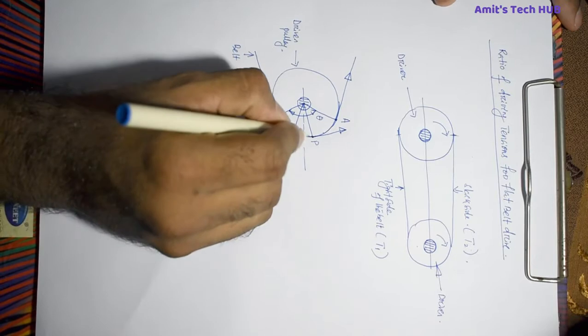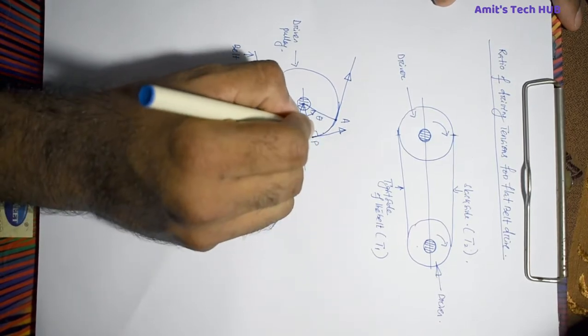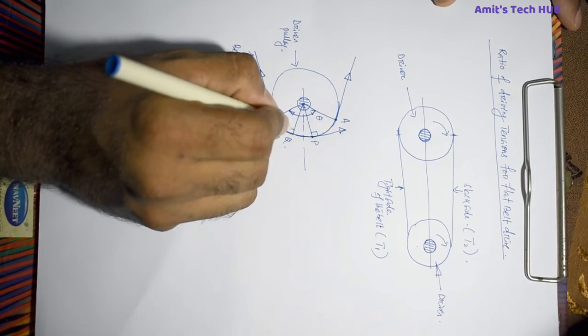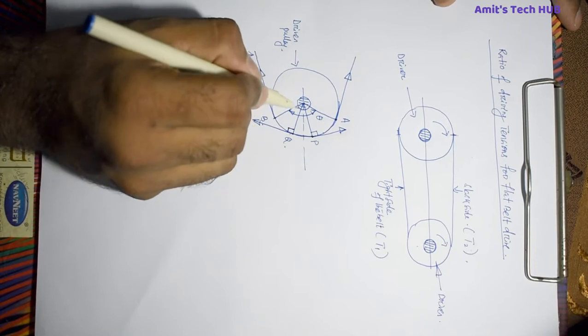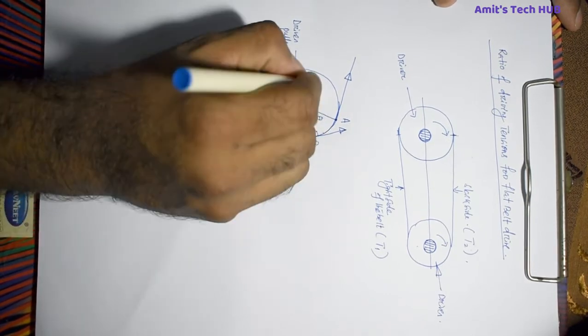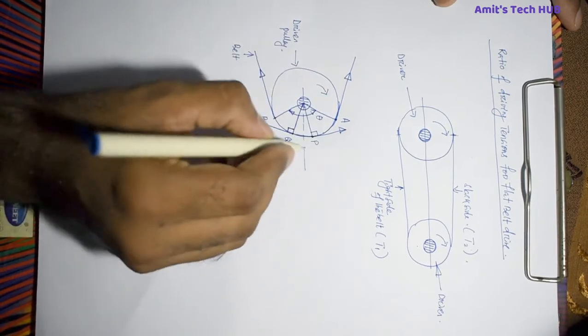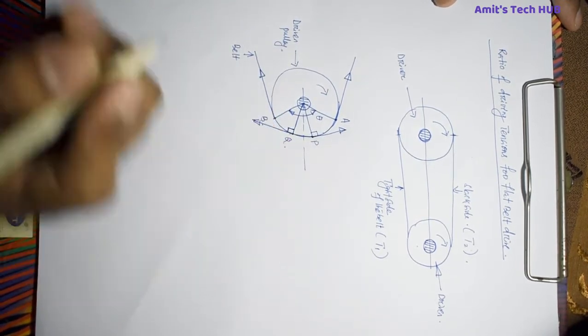The tension at this portion can be represented by drawing lines at right angles to these lines. Let it be rotating clockwise. Suppose this is P and this is Q.